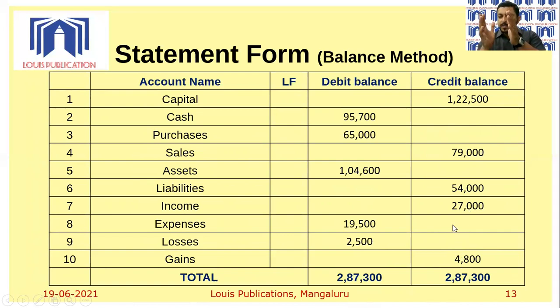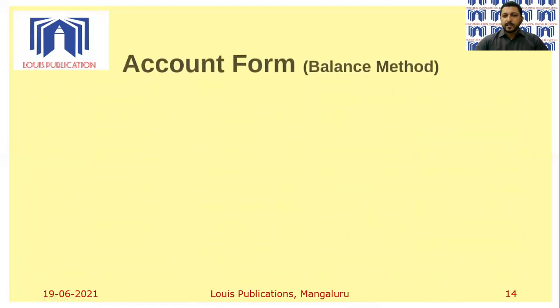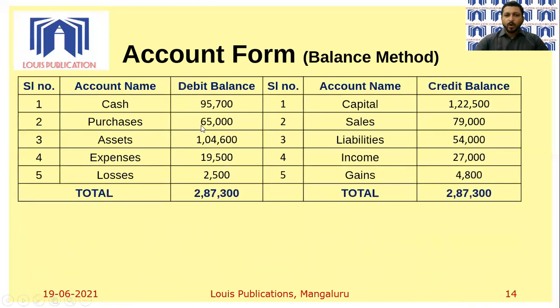So debit balance items will be grouped on the left side. Credit balance items will be grouped on the right hand side. So you can have a look at that. All the accounts that are showing debit balances are all listed over here, and all the accounts that are showing credit balances are listed on the right hand side. But we don't call the left hand side the debit side and the right hand side the credit side. No, this is the form of presentation of trial balance.